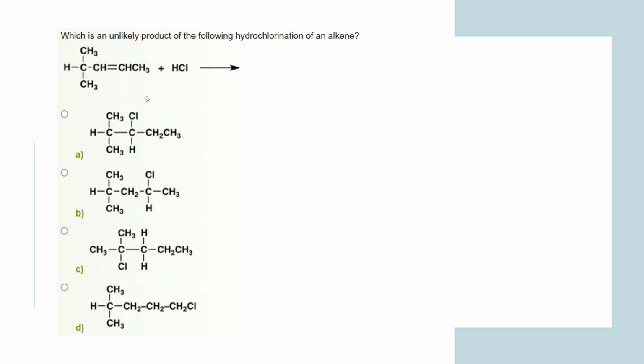In another possibility, H plus can come here. If H plus comes here after the attack, the carbocation will be generated at this carbon, and this second carbocation will now be attacked by Cl minus in the medium, and you will get B as the product.